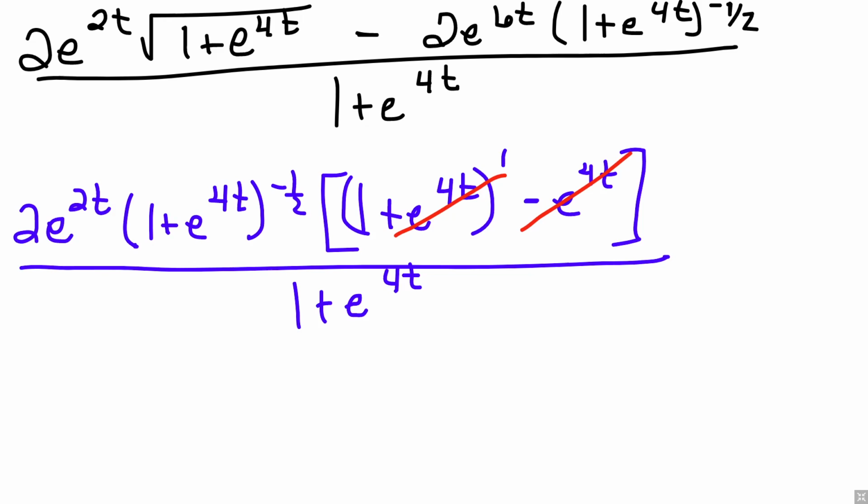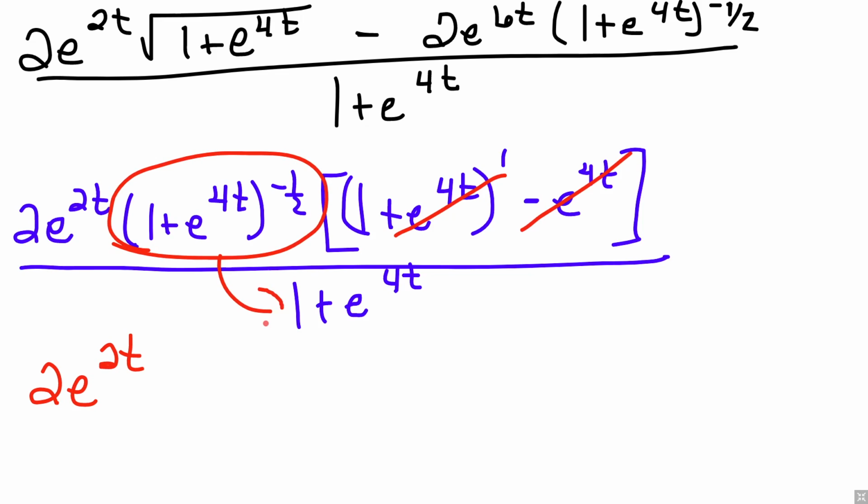So really what I'm left with in the numerator is 2e to the 2t. This term I'm going to take to the denominator. So it's going to become 1 plus e to the 4t, and it's going to be raised to the 3/2 power. So this is what this cleans up to be. Any questions?